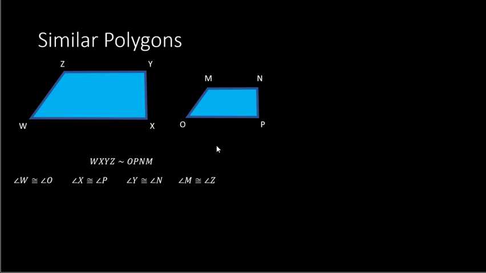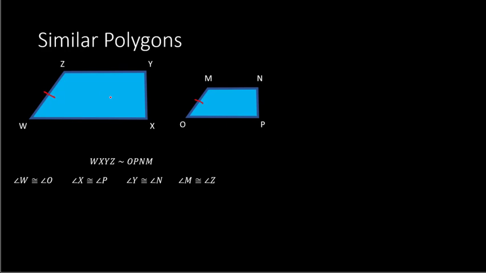And the second part of similar polygons has to do with the sides. Now the sides are not congruent, obviously. They're not the same size, right? WZ is not the same size as OM. But what is true is that the ratios will be the same. So if you compare WZ and OM, those are corresponding sides.